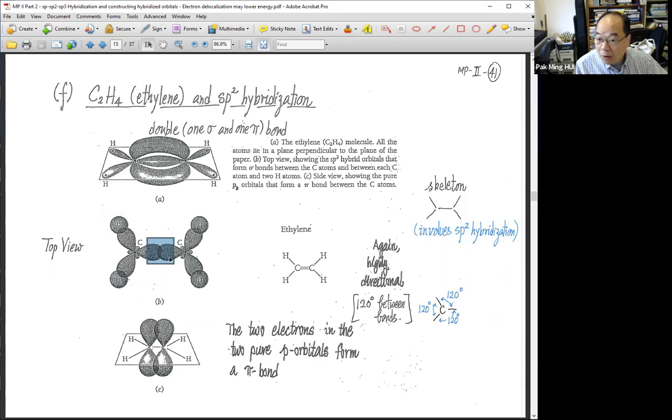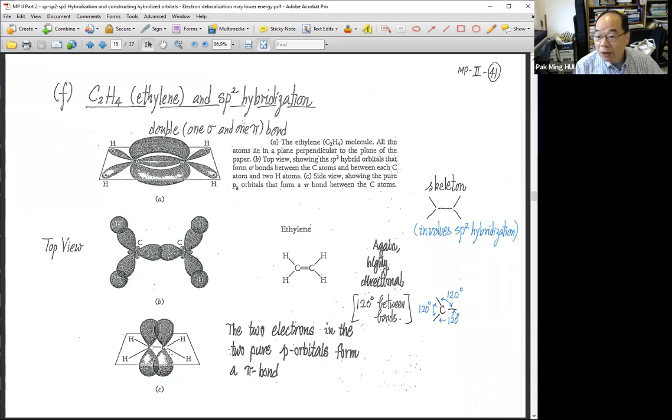That is a very strong sigma bond. At the end, there is still one pz electron belonging to each carbon. They stick perpendicularly out of the XY plane, and they will form a pi bond. So this is the general picture of C2H4.